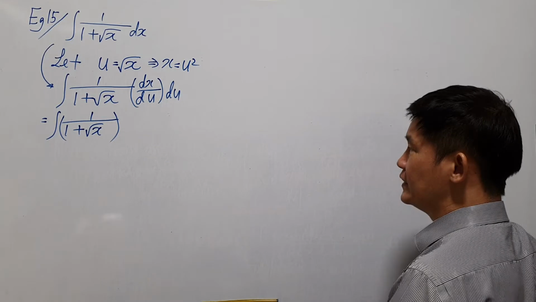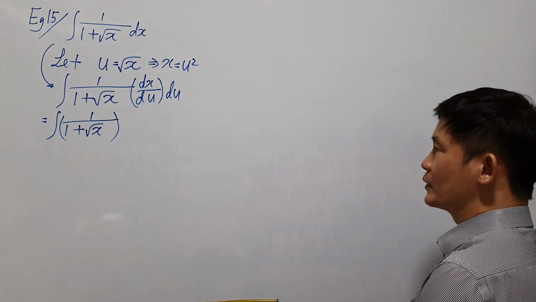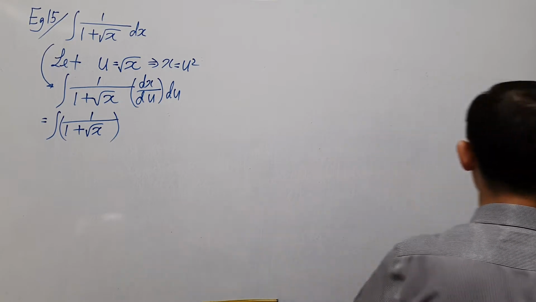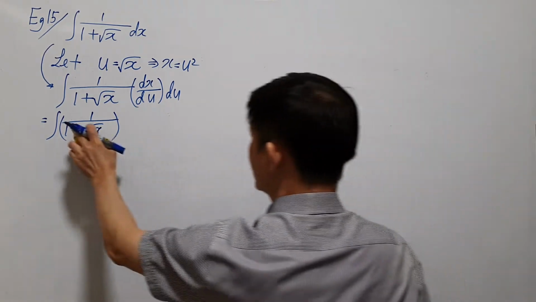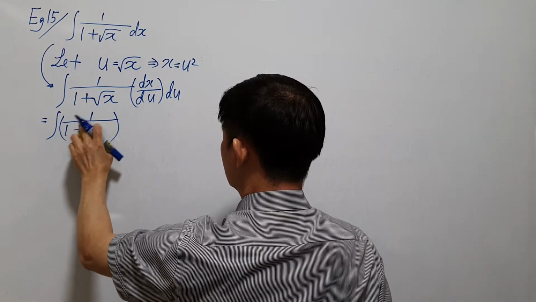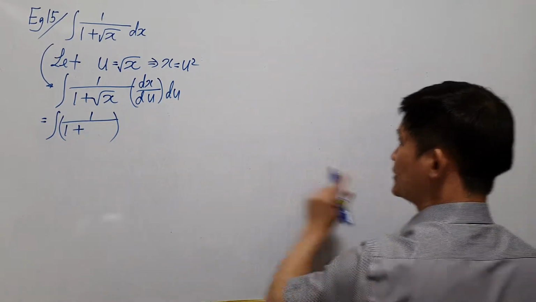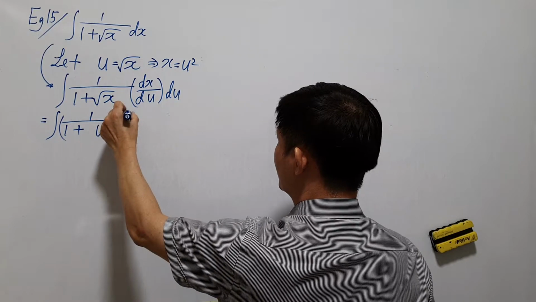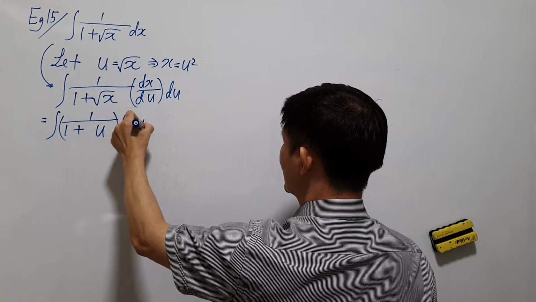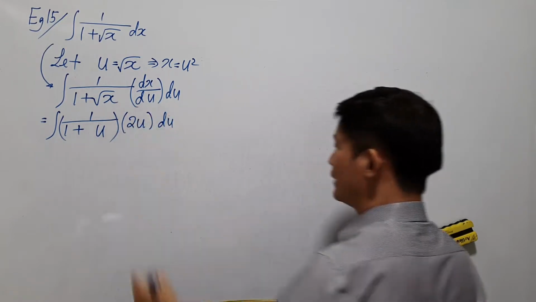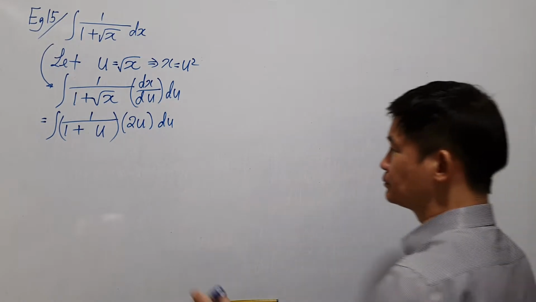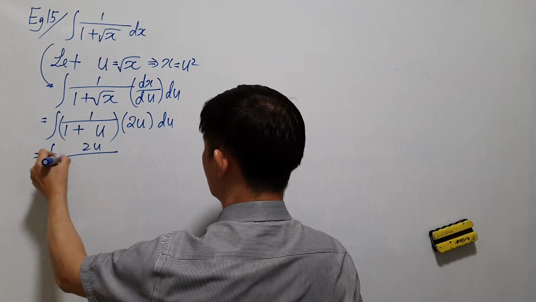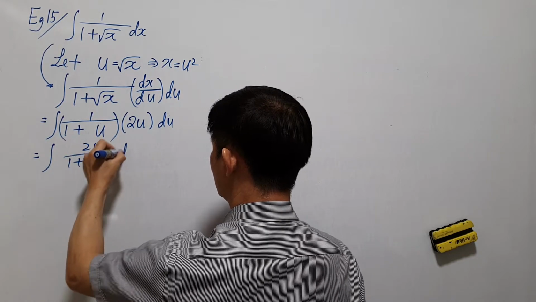So dx du is equal to 2u. I might as well replace this as well. This is u, and then dx du I replace it with du, 2u. So then I get 2u over 1 plus u du.